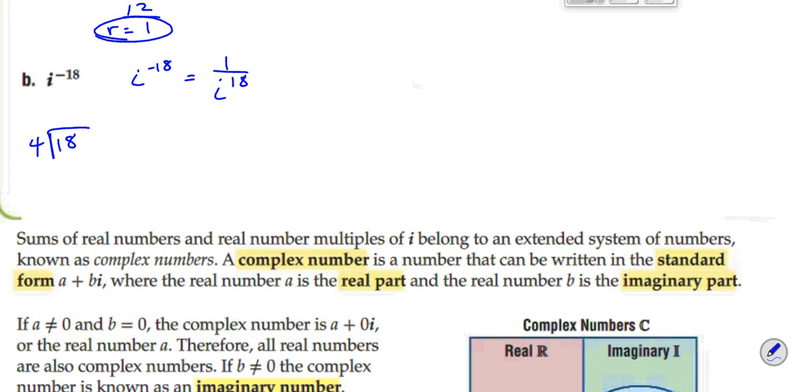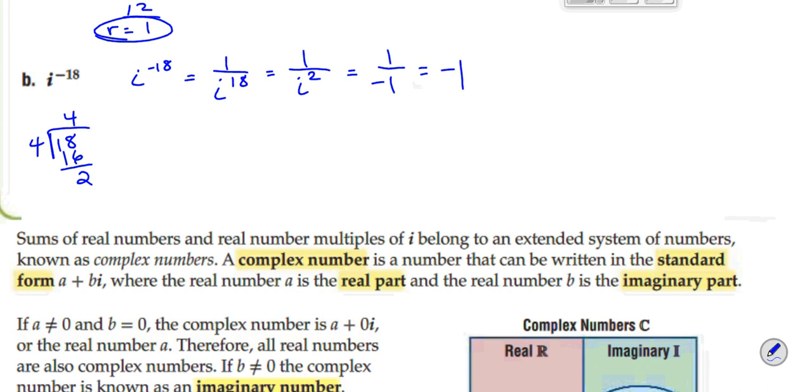That goes in there 4 times, 16. The remainder is 2. So this is 1 over i squared. And i squared is negative 1. So 1 over negative 1, which is negative 1. That's my method. If you use other things as well, you certainly can.